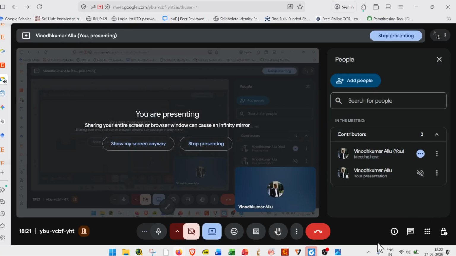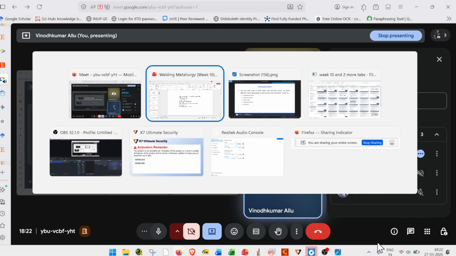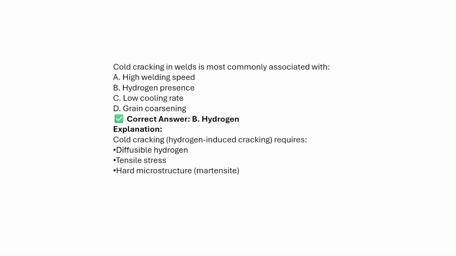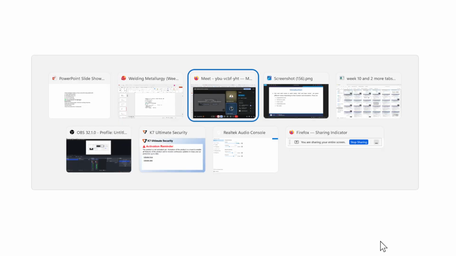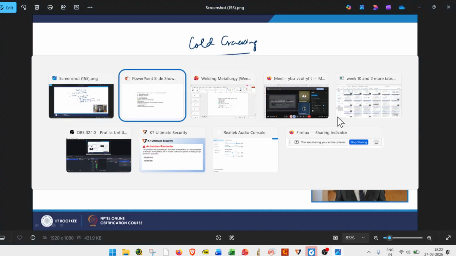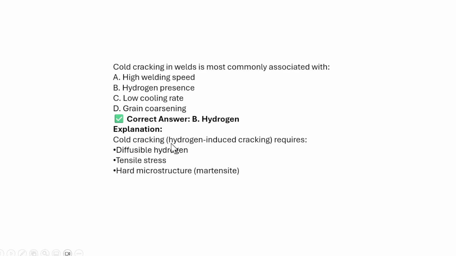Explanation: cold cracking is due to hydrogen, as we have seen here. If there is any moisture, hydrogen will enter into the material from the moisture, and it happens at relatively low temperature, 200 to 100 degrees centigrade. So the answer will be B.